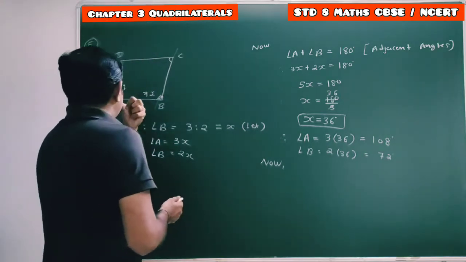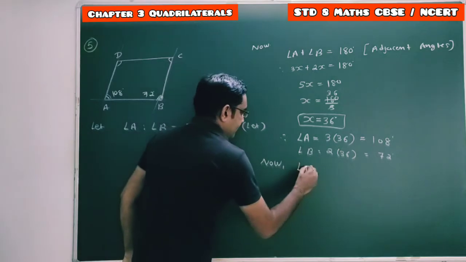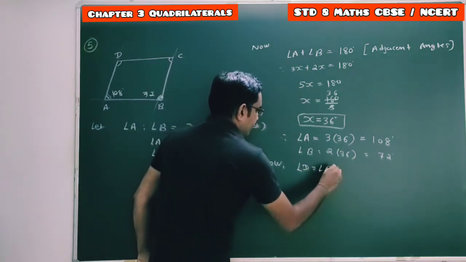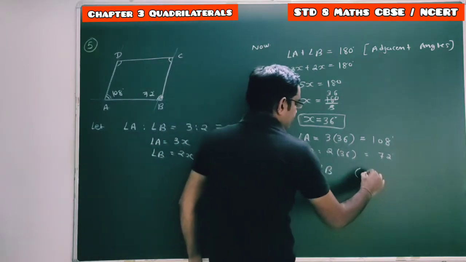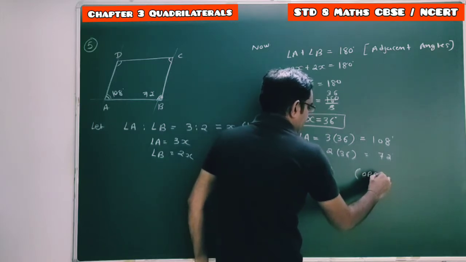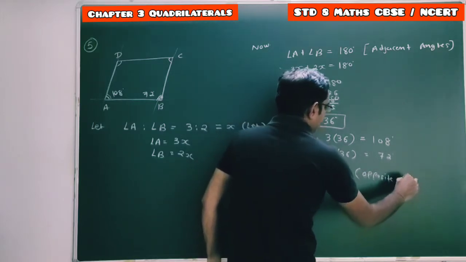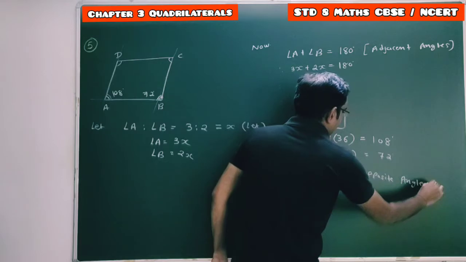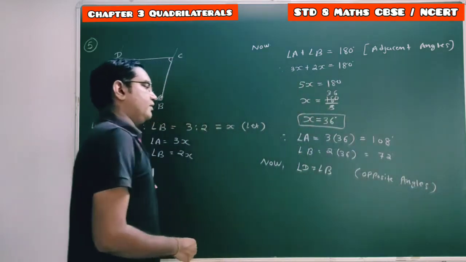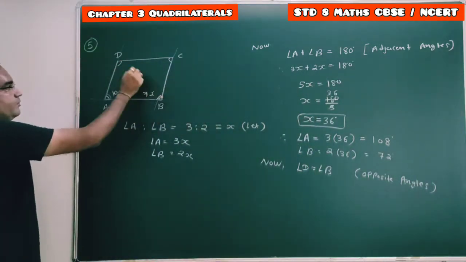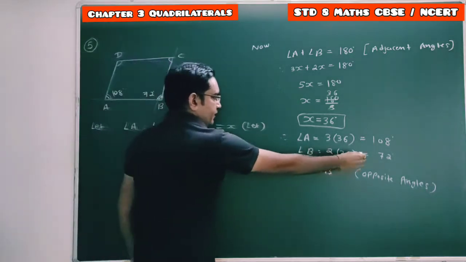So angle D equals angle B, because a pair of opposite angles are always equal. Angle B is 72 degrees.